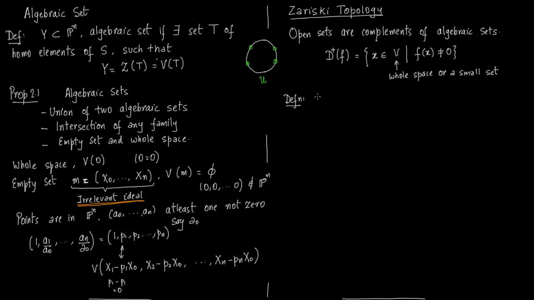Now we want to define a projective variety. This is an irreducible algebraic set in the projective space with the induced topology. Let us write down what I just said.